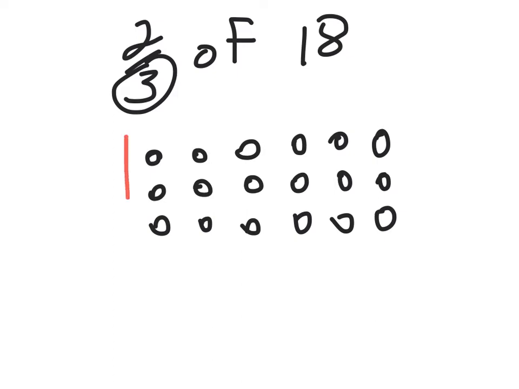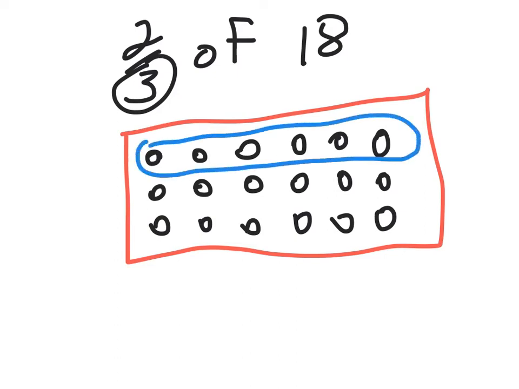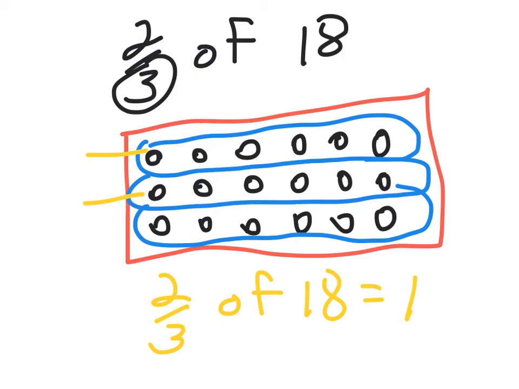I have my 18 divided into 3 equal groups. 1, 2, 3. And I want to look at 2 out of 3 of those because I'm looking for 2/3. So 1, 2. There's 6 in each row. That's 12. So 2/3 of 18 equals 12.